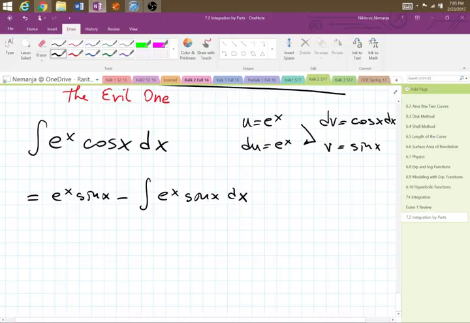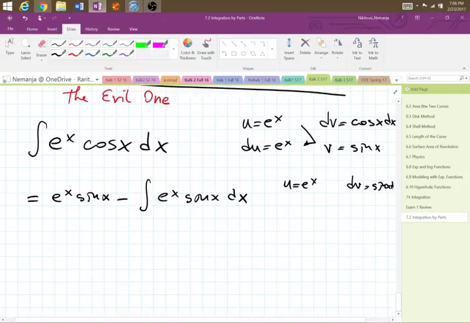And this is about where the desperation starts, because you see that you started with the exponential times trig and you still have exponential times trig. But luckily we know that we don't have to panic yet, because we can go and say u equals e to the x, dv equals sine x dx.